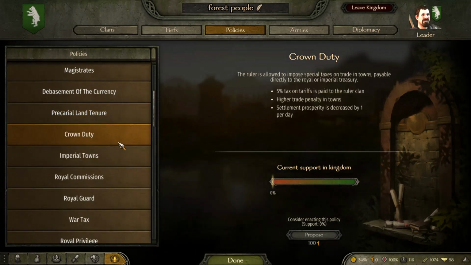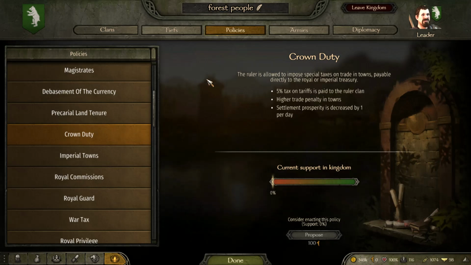We've got crown duty, so 5% tax on tariffs is paid to the ruling clan. Again, tariffs are just something that gets paid on caravans and villagers that enter towns, so it's essentially just 5% tax is going to be paid to you from your towns and other places like that. You're going to have a higher trade penalty in towns.